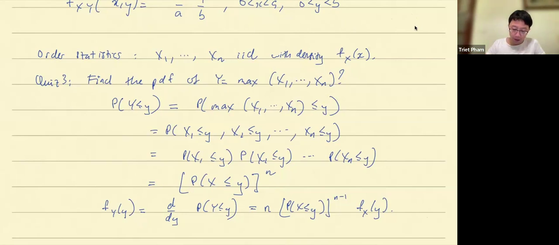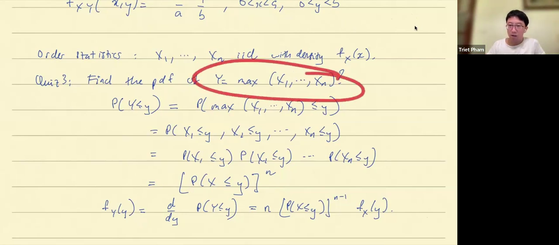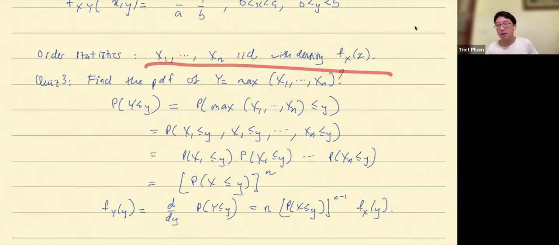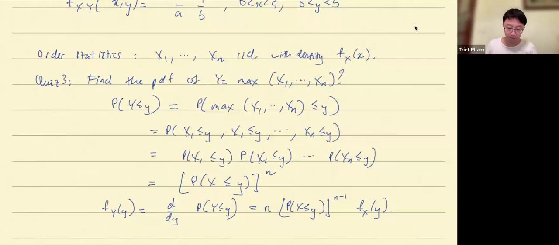So this is the classical calculation of the max of independent, identically distributed random variables. You should think of what the minimum calculation looks like. But the hint is it's very similar. You just have to change the direction of the inequality correctly. Are you okay? Any question?